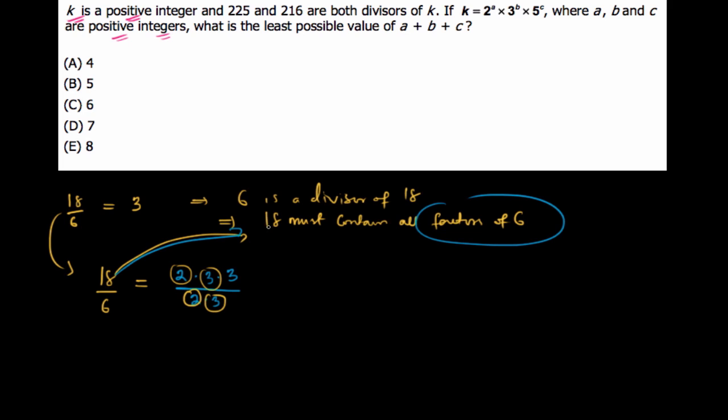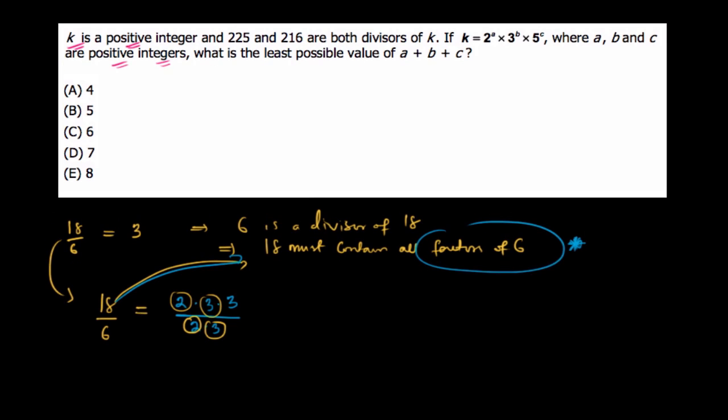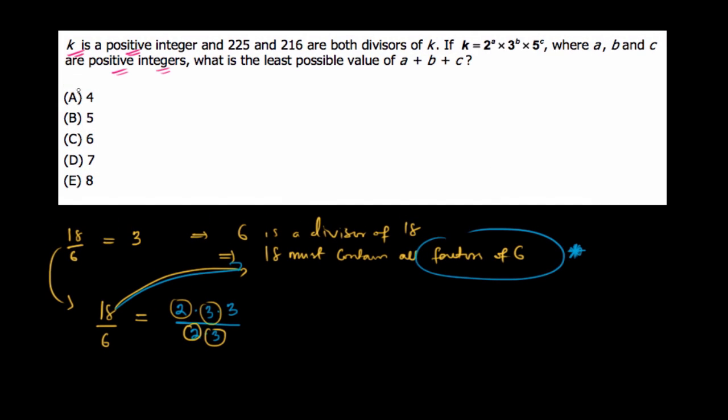Alright, so we're going to use this information to solve this problem. What we are told here is that k is a positive integer, and that 225 and 216 are both divisors of k.